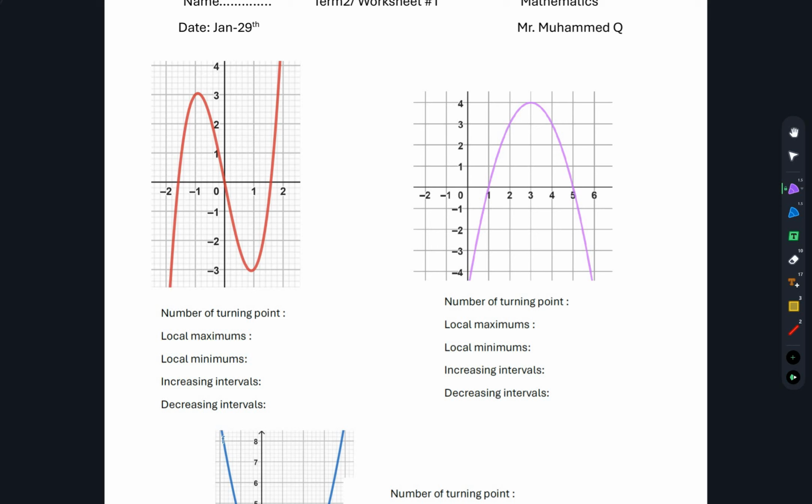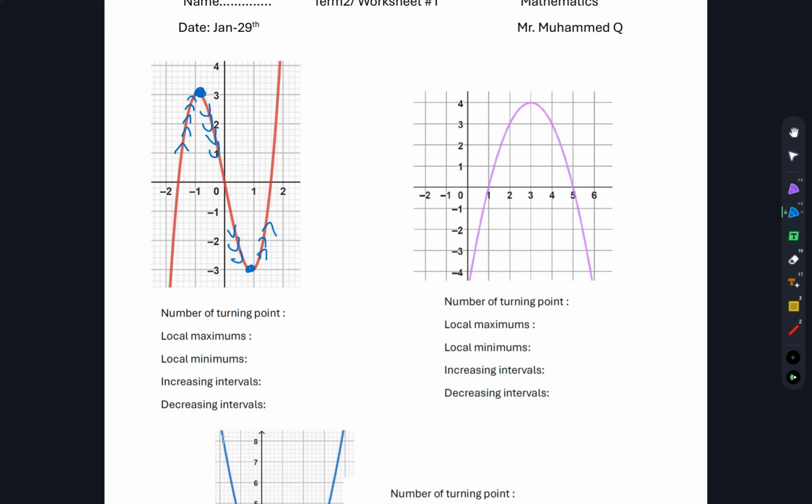For example, at this point the graph from increasing changes to decreasing, right? So this is called a turning point. Or at this point here, the graph from decreasing changes to increasing.